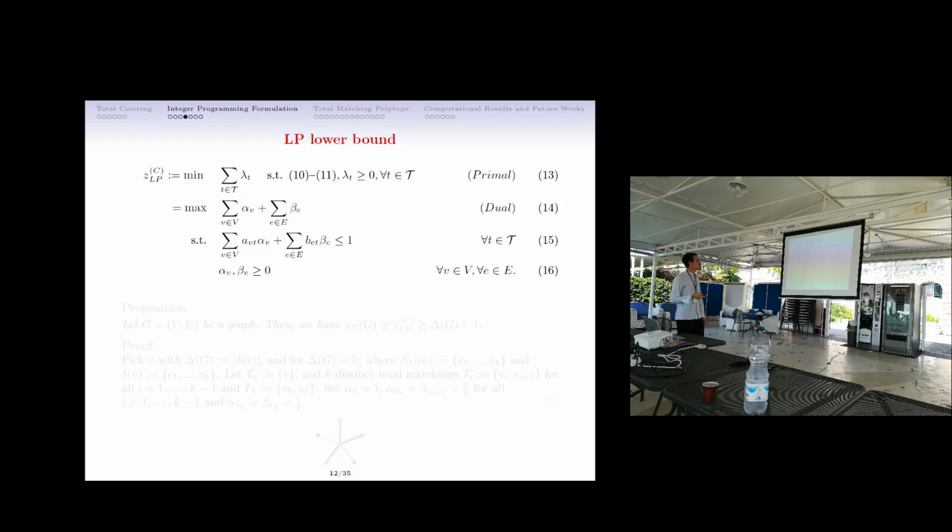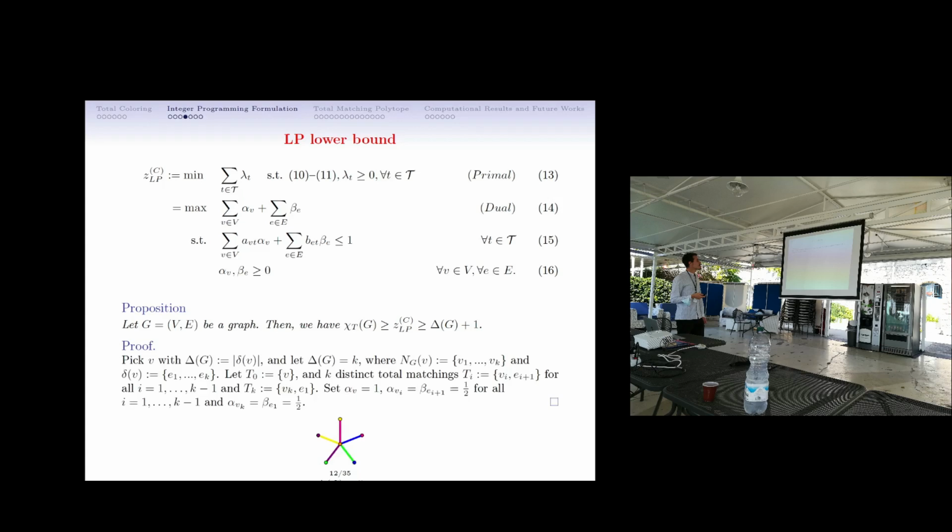And these are non-negative weights. This lower bound tells us that the LP relaxation of the set covering model has a lower bound of delta plus 1.